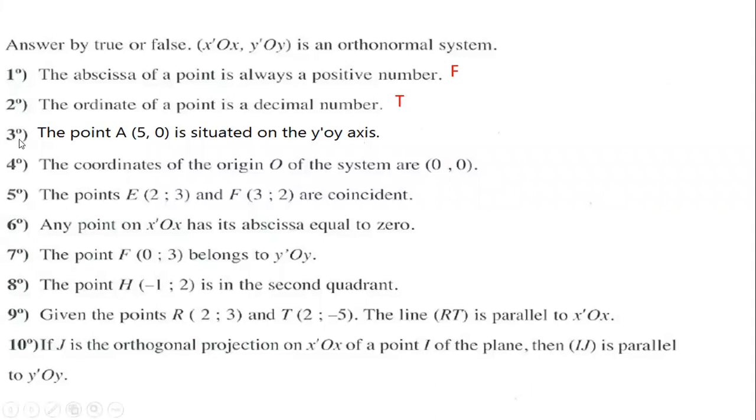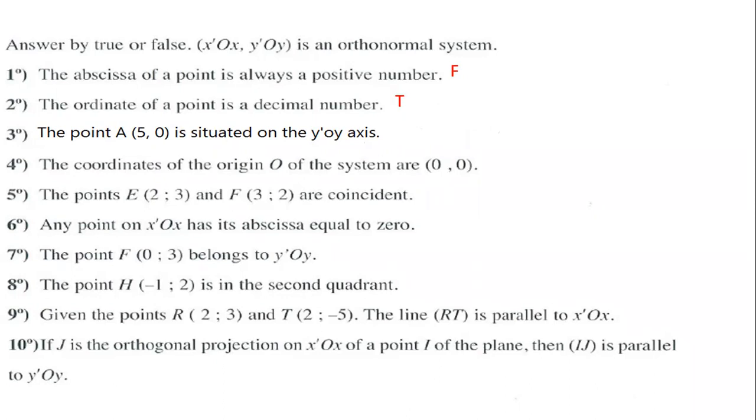Number 3, read. The point A (5, 0) is situated on the y-axis. 5.0 means 5 abscissa, 0 ordinate.